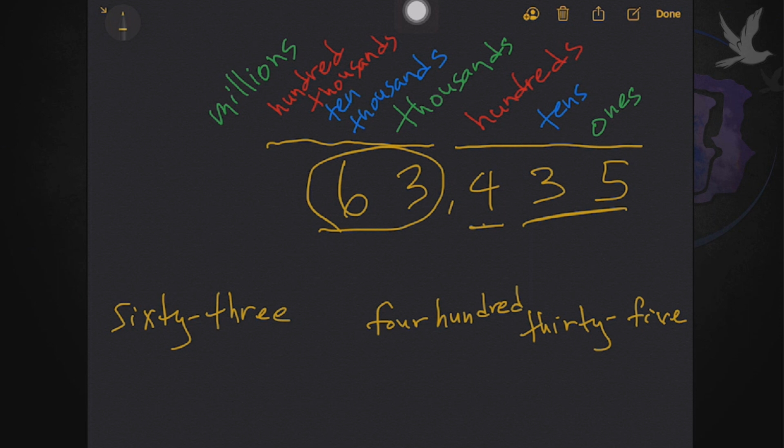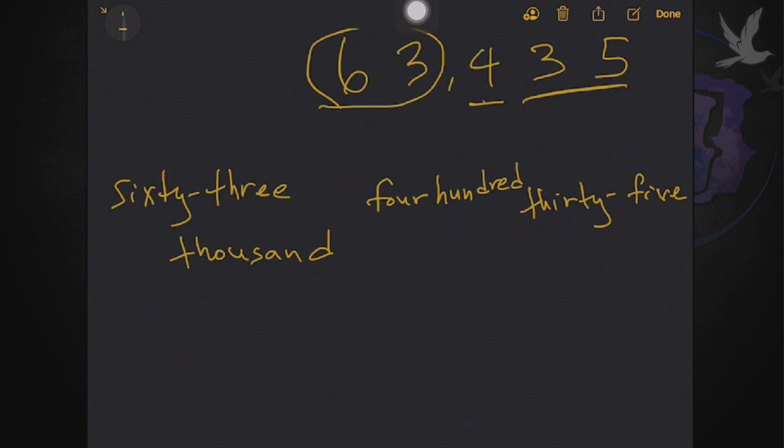Since it falls under the thousands family, which is under hundred thousands, ten thousands, and the thousands unit itself, all you have to do is just add the word thousand to it. So in this case, this is read as 63,435. If you notice, I separated them because it won't fit as how we started writing the number.